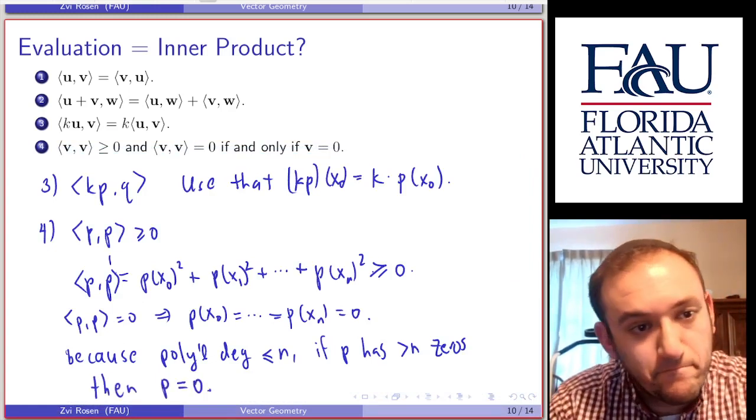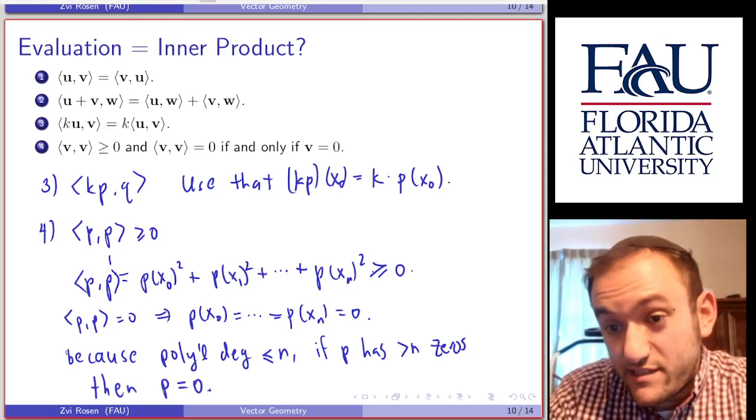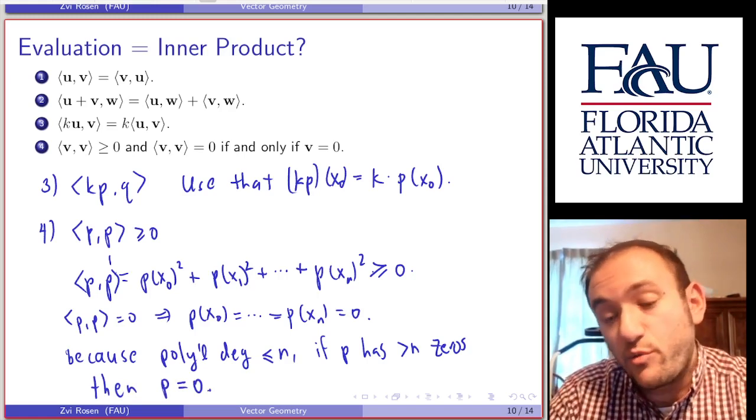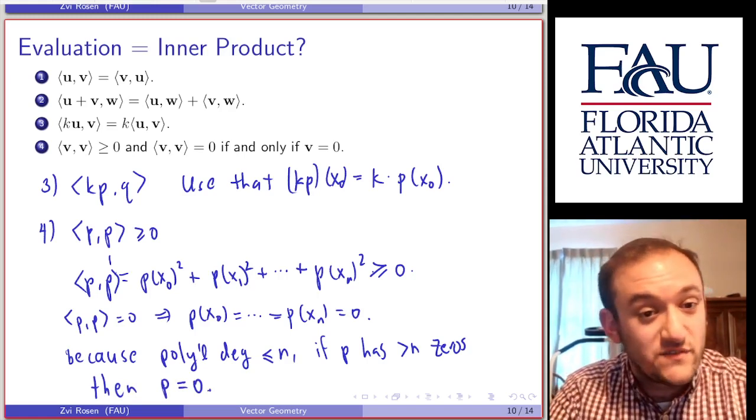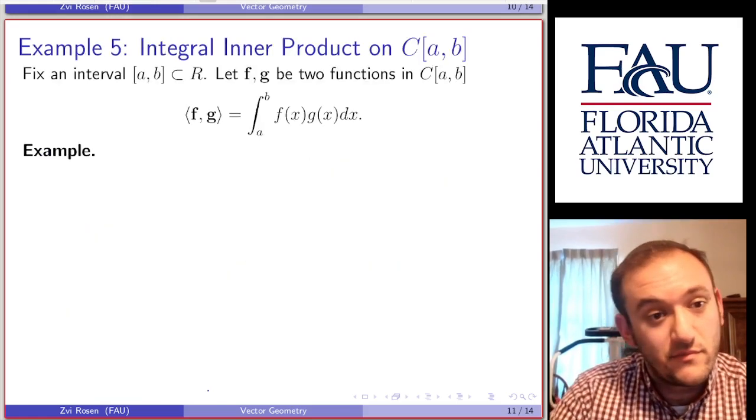Okay, so we've discovered that this evaluation inner product is actually an inner product satisfying all of the requirements.